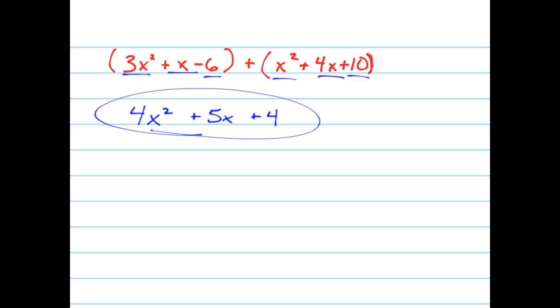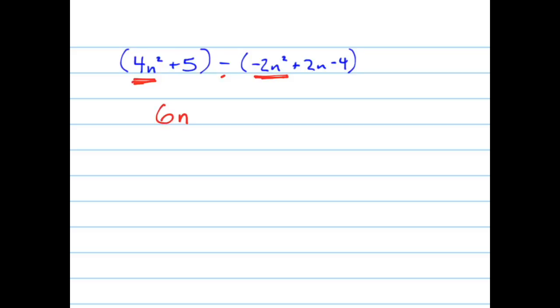Now, subtracting polynomials requires just a little more attention. Suppose we start with 4n squared plus 5. I want to subtract negative 2n squared plus 2n minus 4. Well, we can look at it one way by taking our first term, 4n squared, and subtracting its like term, negative 2n squared. So 4n squared minus negative 2n squared gives us positive 6n squared, because 4 minus negative 2 is the same as 4 plus 2, which is 6.